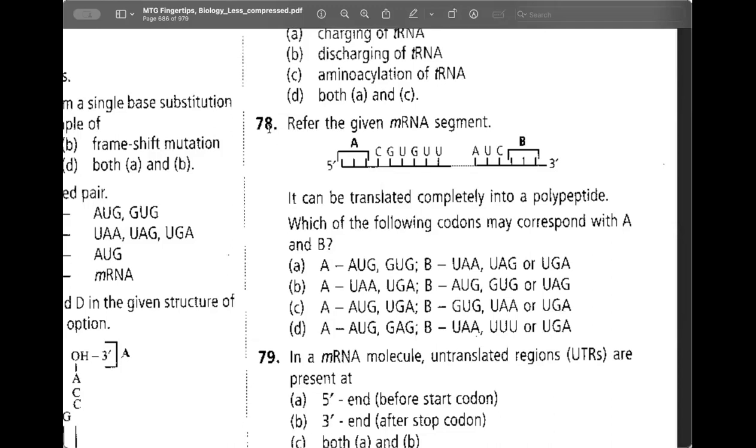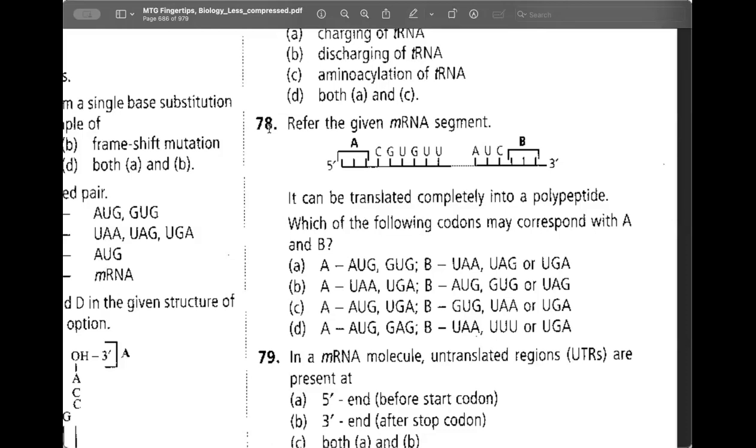So remember, option B and option C cannot be the right option, right? Even if you don't know that GUG can also act as a start codon, look at other options. In B, for the site A, they have given UAA and UGA. Both of them are stop codons, right? So they cannot be at the site A. So option B is outright rejected.